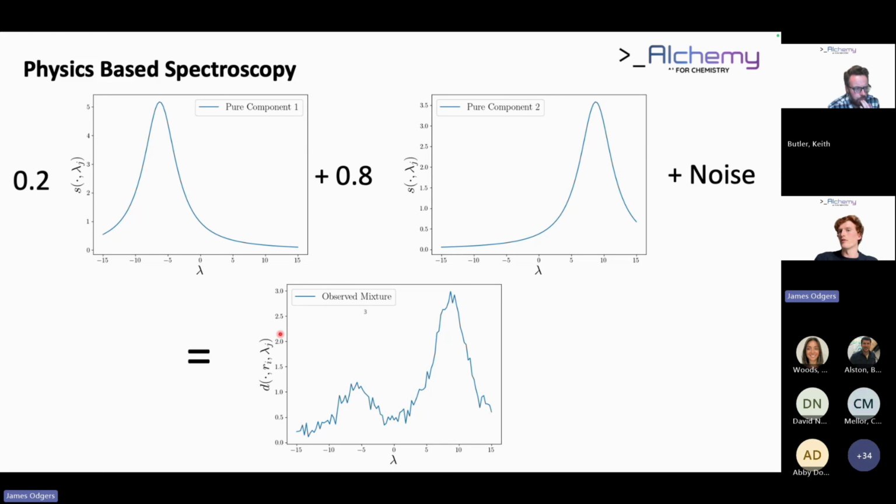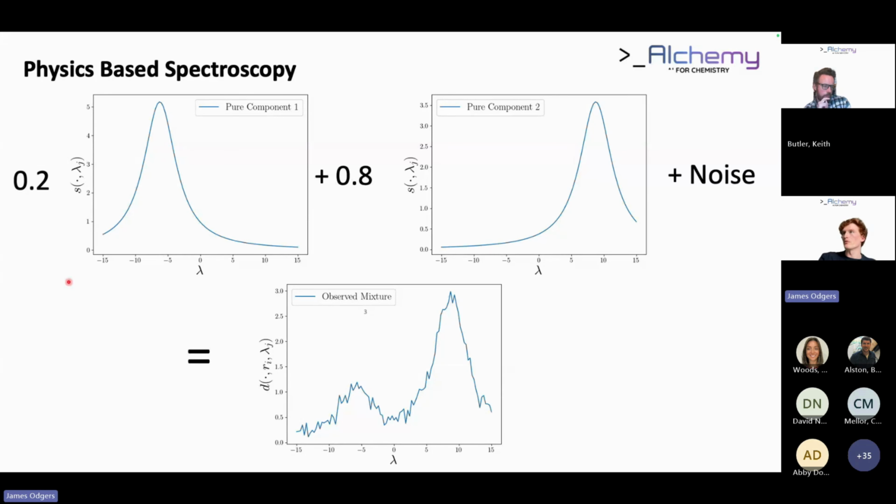And just to give a more pictorial example, say we have a spectroscopy setup with two chemical species, species 1 and species 2. Species 1 has a pure component signal which looks like this on the left, with a peak at around this fake -5 wavelength, and chemical species 2 has a peak further at a higher wavelength.